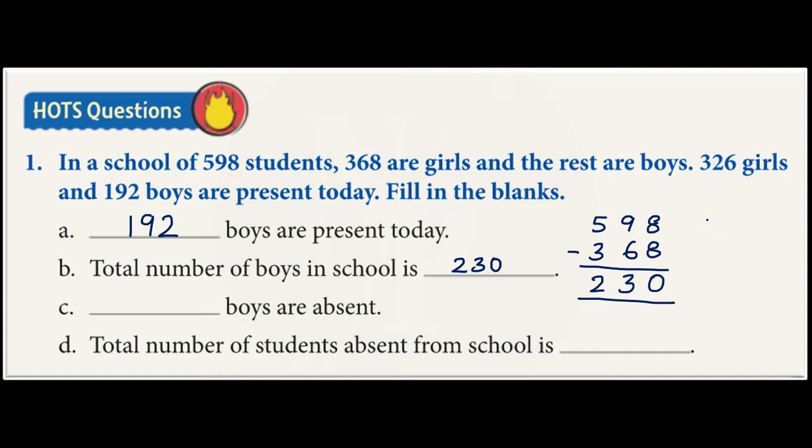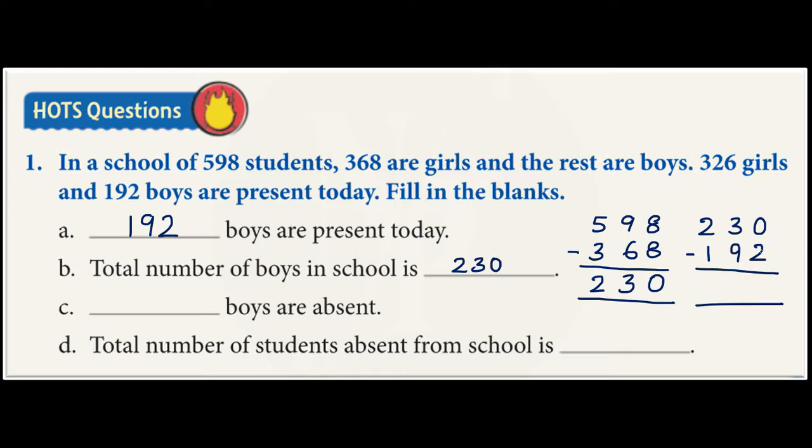Let us write down that the total number of boys in the school is 230. Among these, 192 boys are present today. So let us write 192 just below here and subtract to find the number of boys absent.